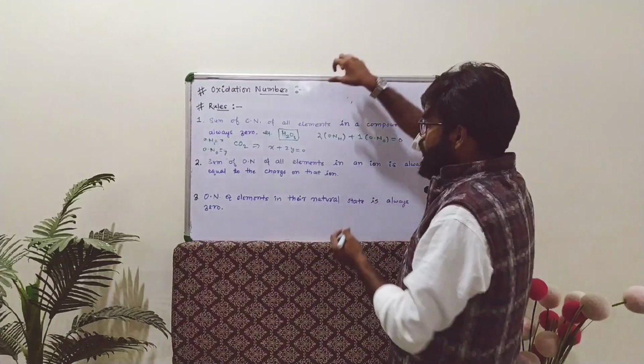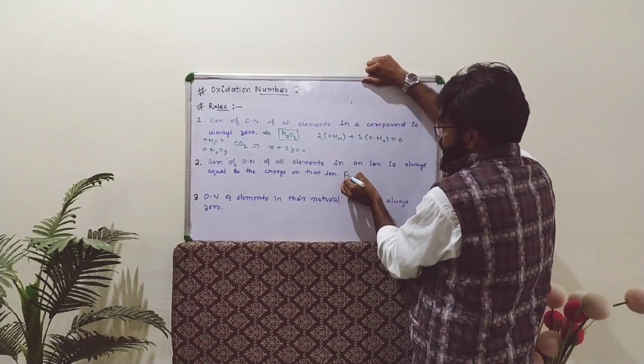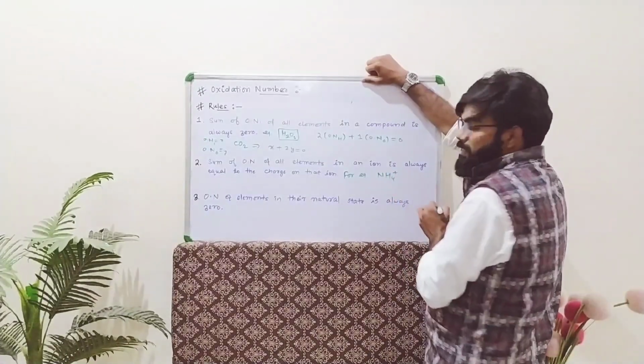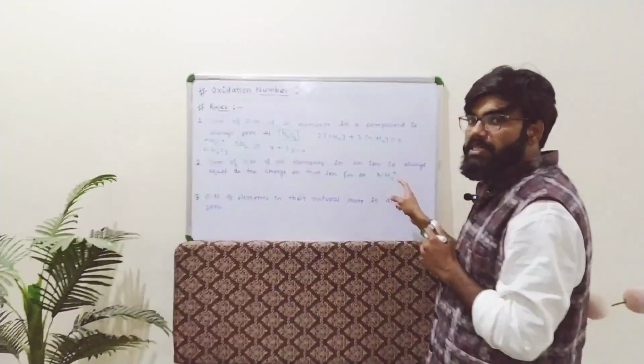Suppose for example we have taken NH4 plus. It is an ion because it has a plus or minus charge.